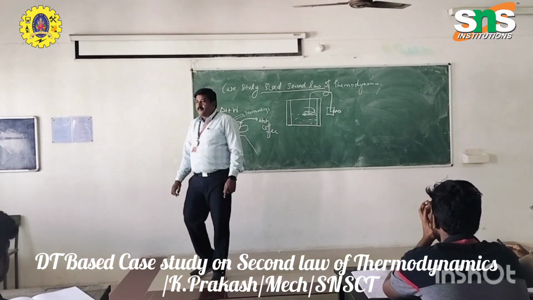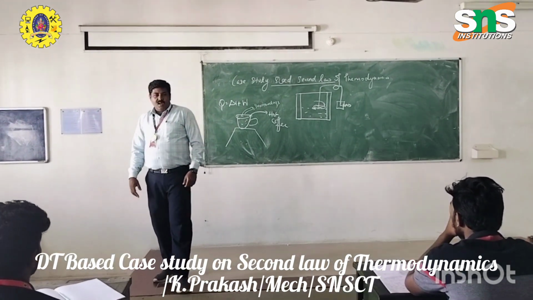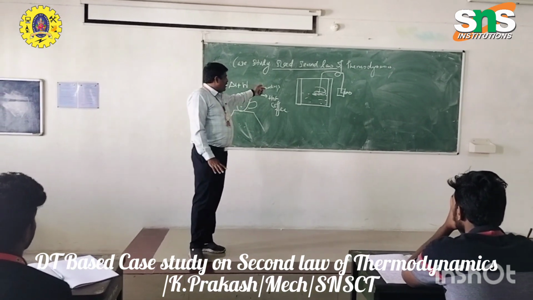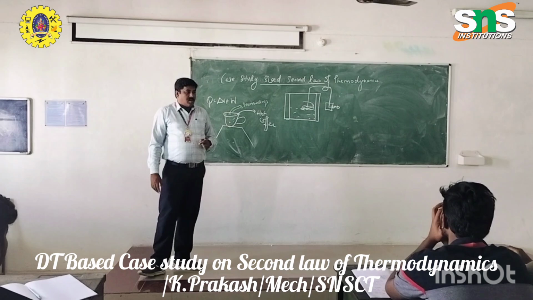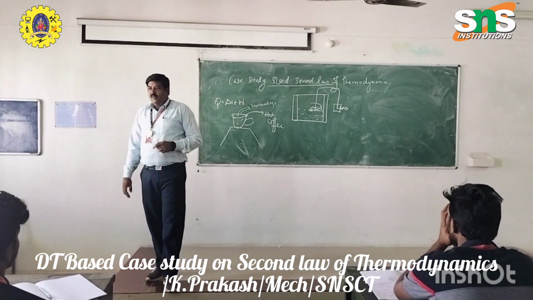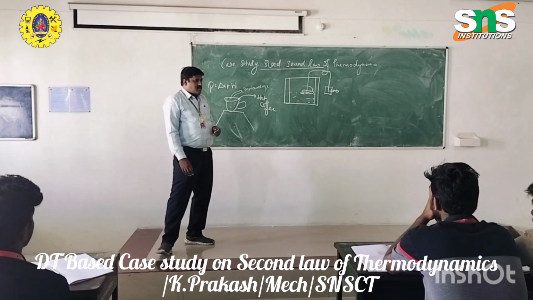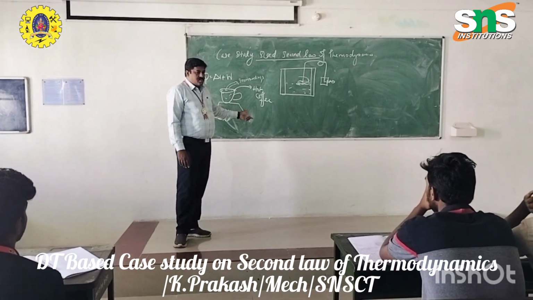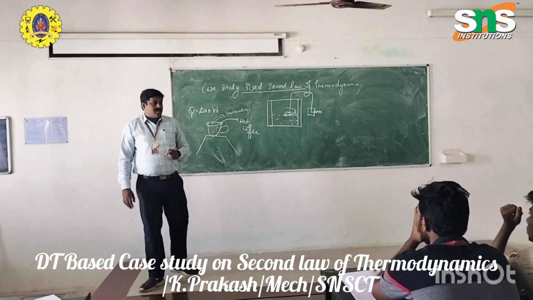And again we are going to deal with entropy. There are two statements of the second law: the Kelvin-Planck statement and the Clausius statement. These give a clear-cut idea about the second law of thermodynamics.